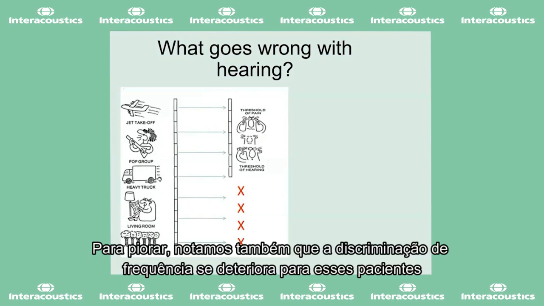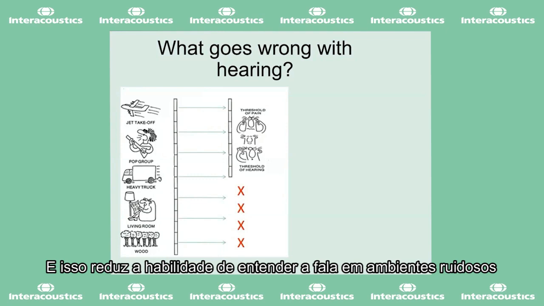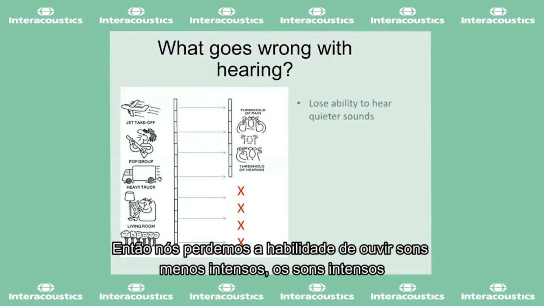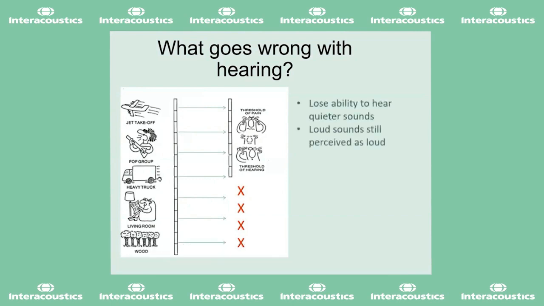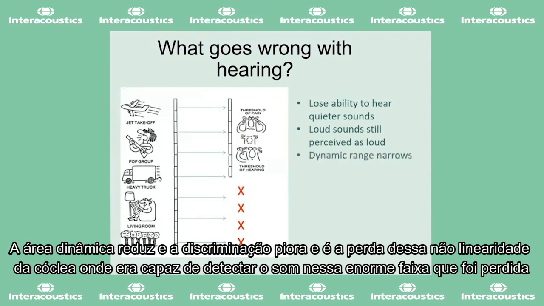To make matters worse, we also notice that the frequency discrimination deteriorates for these patients. The real-world impact of a reduced frequency discrimination, or resolution of frequencies, is a reduced ability to understand speech in noisy environments. So, in summary, we lose our ability to hear the quieter sounds. The loud sounds are still perceived as loud, the dynamic range has been reduced, and the discrimination worsens.